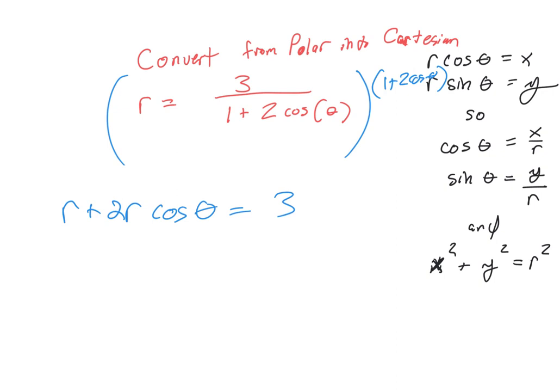Cosine of theta is x over r, so I have r plus 2r times x over r equals 3. Well, the nice thing here is my r's reduce. I have r plus 2x equals 3.